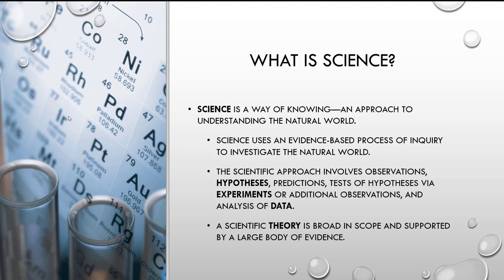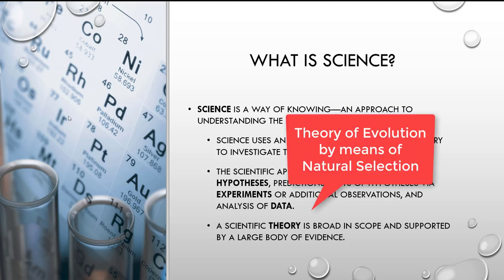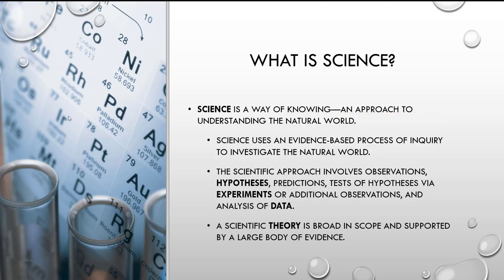So can you think of a scientific theory off the top of your head? Well, we already talked about one of them, okay, the theory of evolution by means of natural selection. So that scientific theory is broad in scope and it's supported by a large body of evidence. So we have a lot of evidence to support it.